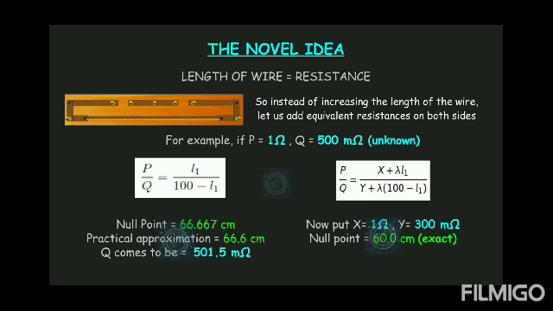In this practical you're putting an X 1 ohm and a Y 300 milliohm, and now you're measuring the null point, and you will be theoretically getting the null point at 60 centimeter, and practically that is also available. So you will be exactly measuring at 60 centimeter a null point, and that will give you an exact value of 500 milliohm. You can calculate, and voila, I've got a great method.